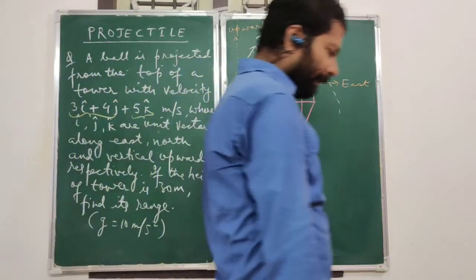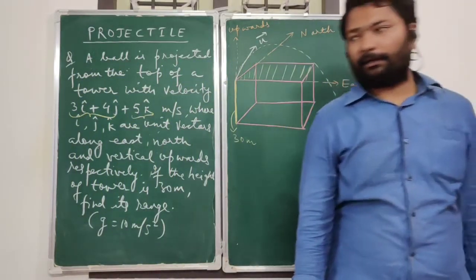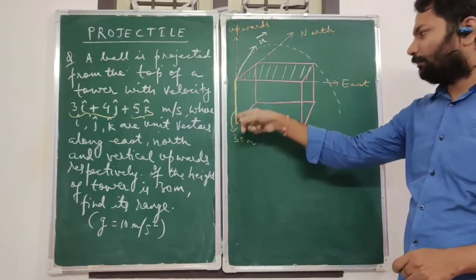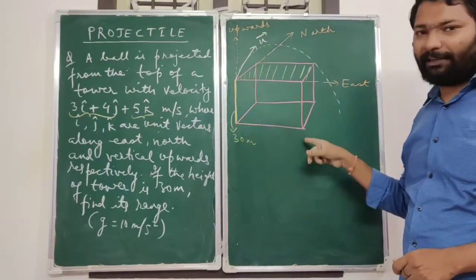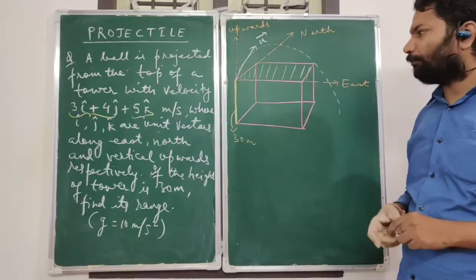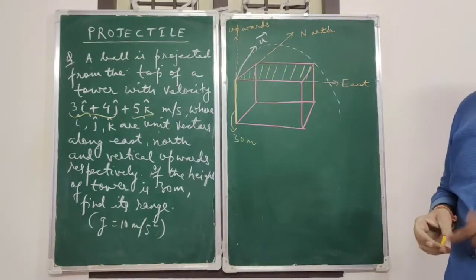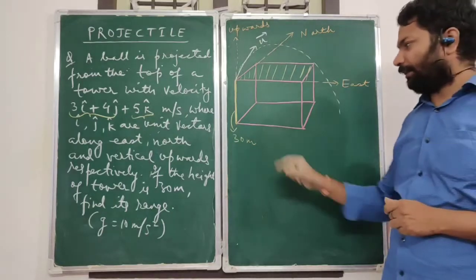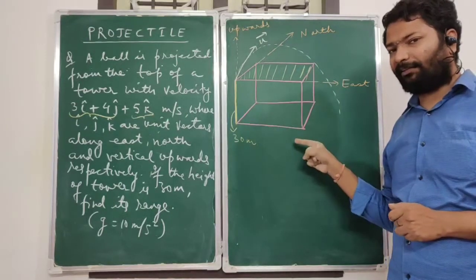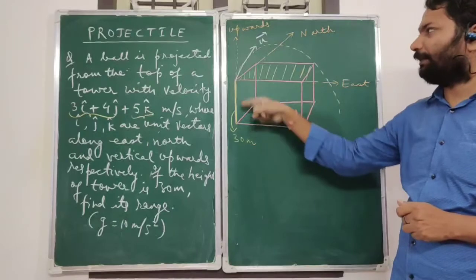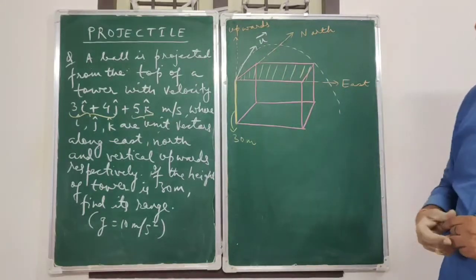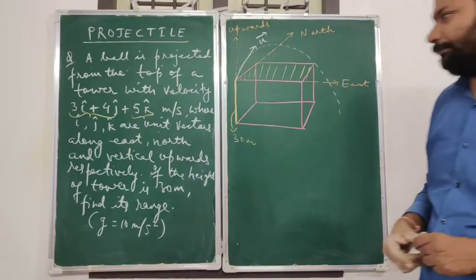And I am pretty sure that all of you would have learned that the motion along any direction is independent of the motion taking place in another direction. The only factor which connects them is time. Whatever is happening along the x-axis has nothing to do with whatever is happening along the y-axis or z-axis. The only factor which is going to connect them will be time.